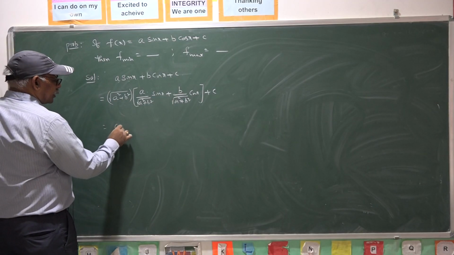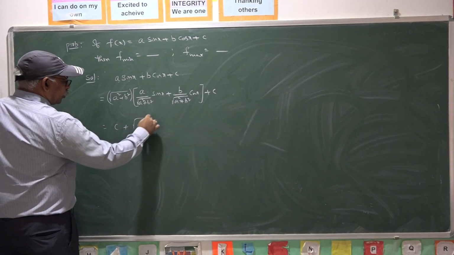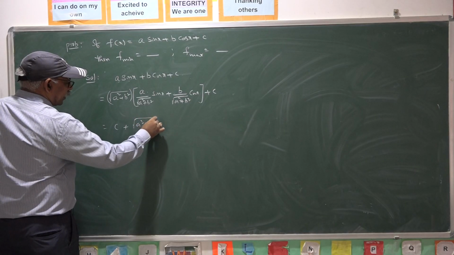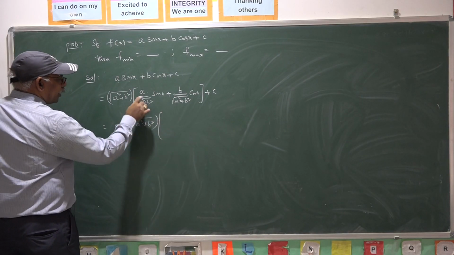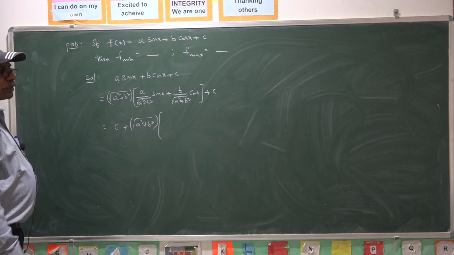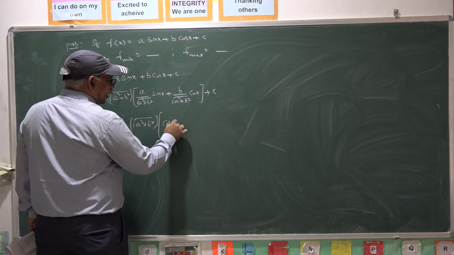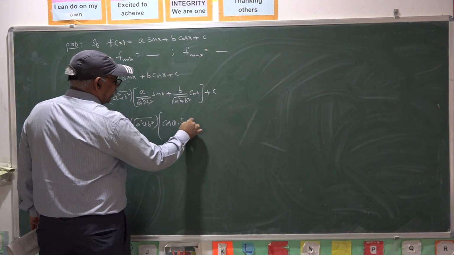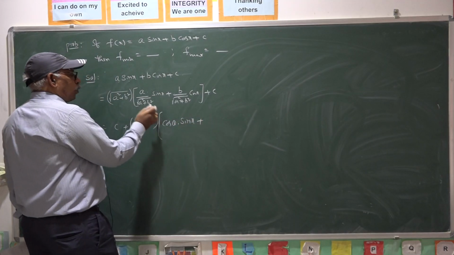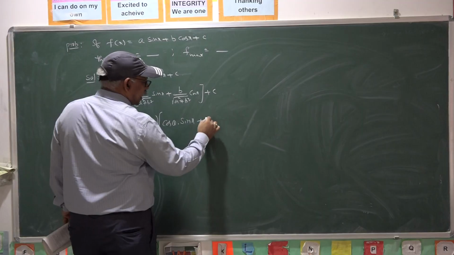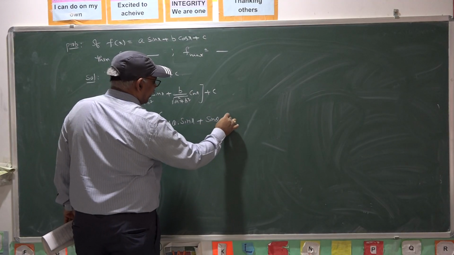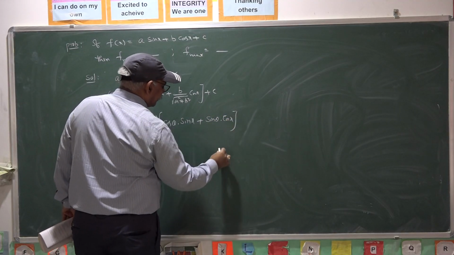So that is c plus root over a square plus b square into, taking a by root a square plus b square as cos theta x plus, once this is cos theta, this is sin theta into cos x.